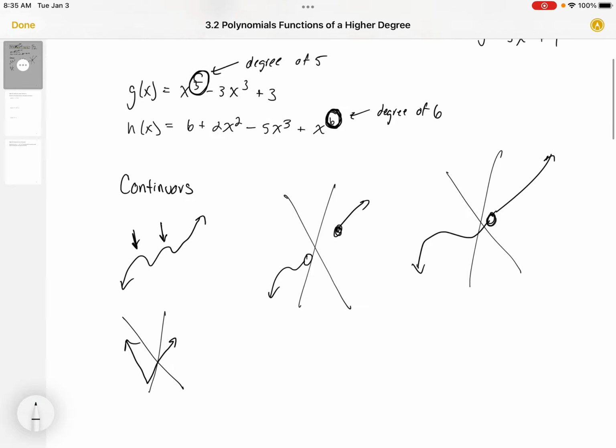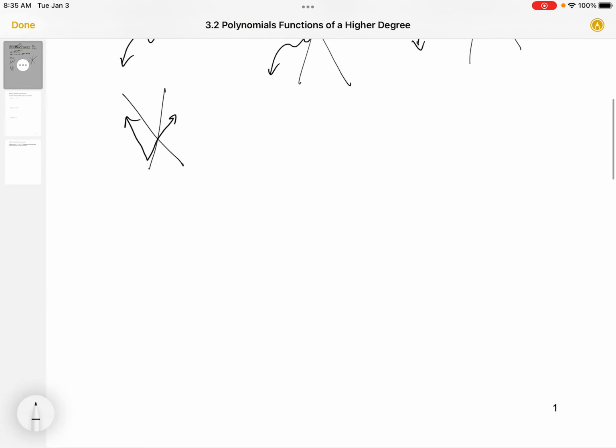Let's see, what do we got here? Let's look at even and odd functions, okay? So these are really even and odd powers, I should say, not even and odd functions. So let's say you have a polynomial function and it has a degree of 7.